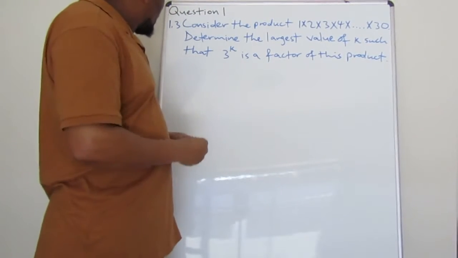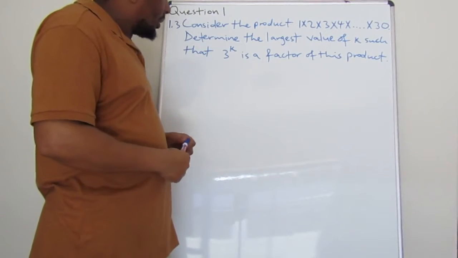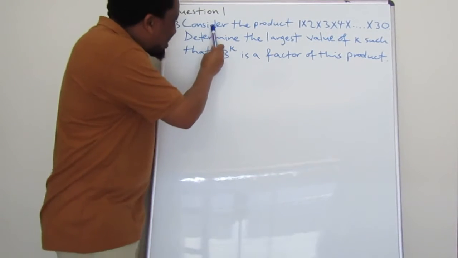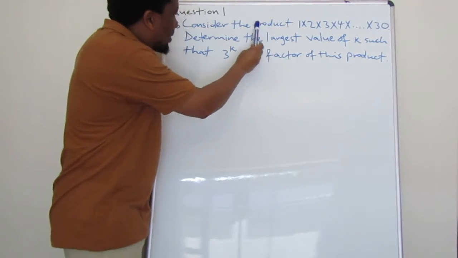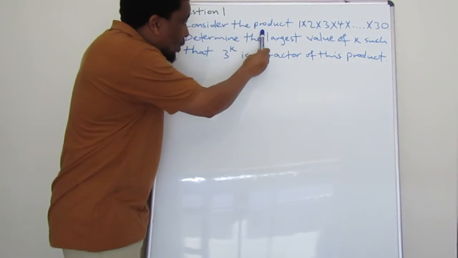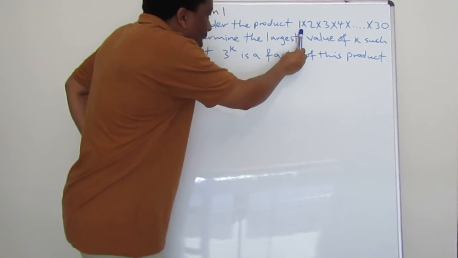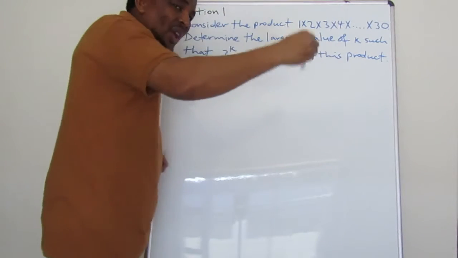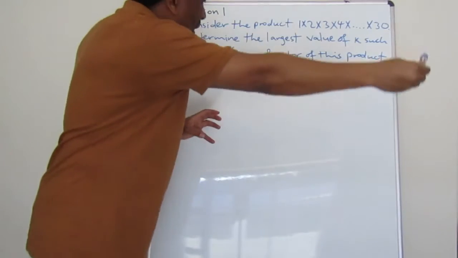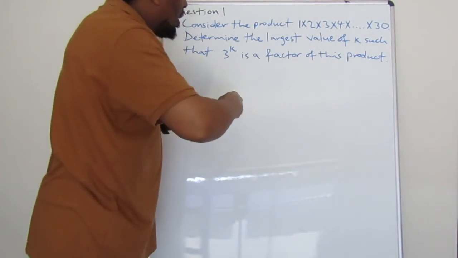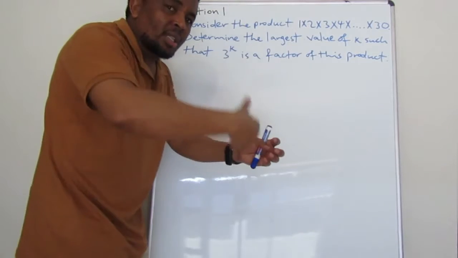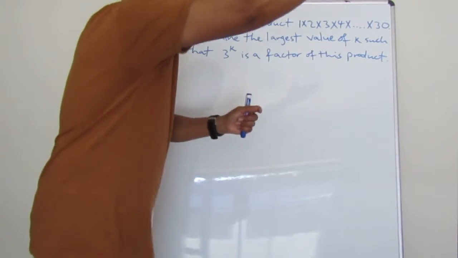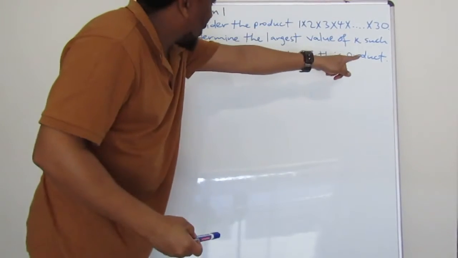Now, this is the last question, right? The question says, consider the product 1 times 2 times 3 times 4 times 5 times 6 times 7 times 8 times 9, etc., up until times 30.